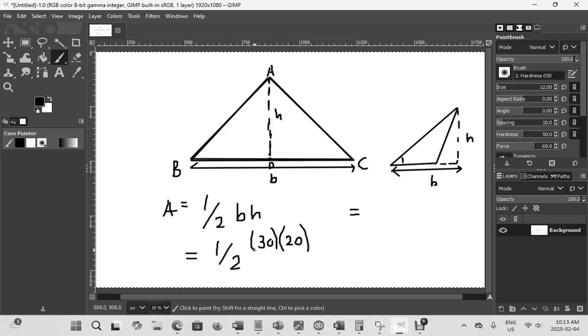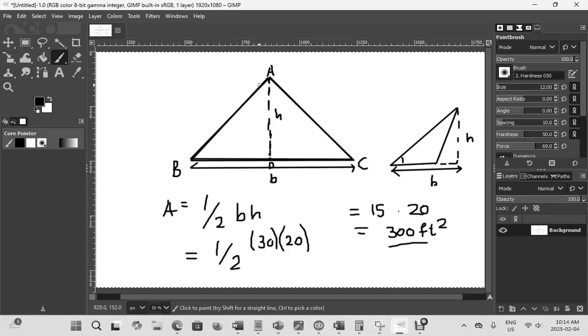So 30 divided by 2, which is 15, times 20. And 15 times 20 will be 300. So the area will be 300 feet square.